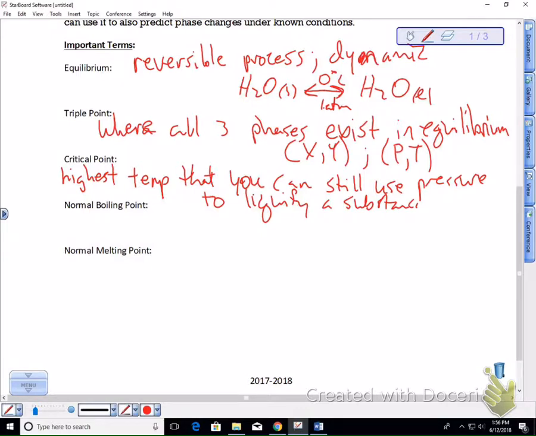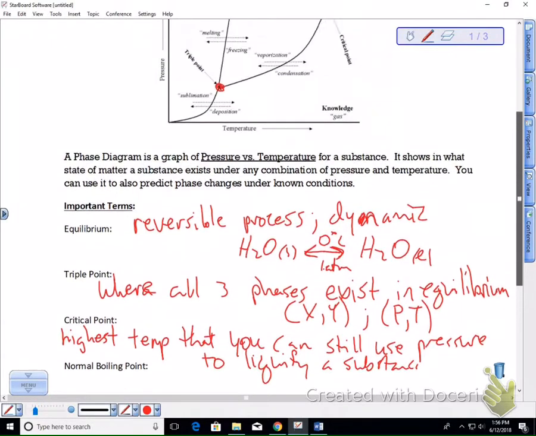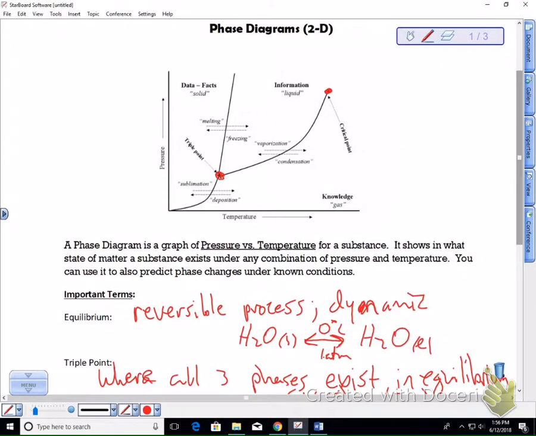And then a couple of other interesting points. Let's go back to the phase diagram and let's talk about melting. Let's just assume this is water for a moment. This line right here shows you all the possible temperature and pressure combinations at which you can melt ice. Most of you think that ice only melts at 0 degrees Celsius.